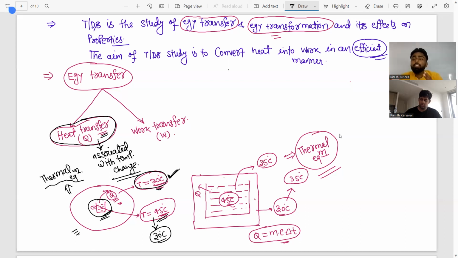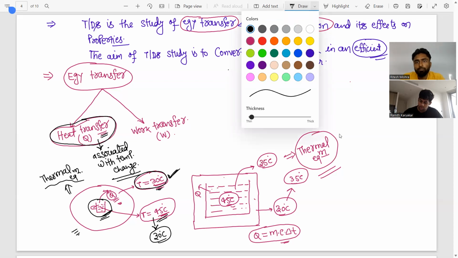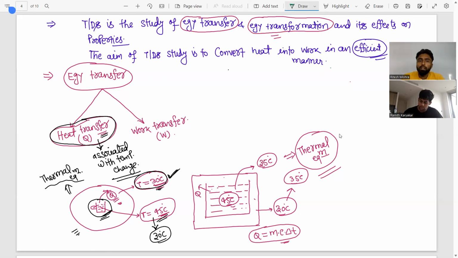Now what is work transfer? Work transfer is also a type of energy transfer, but it is the energy transfer which occurs without temperature difference.